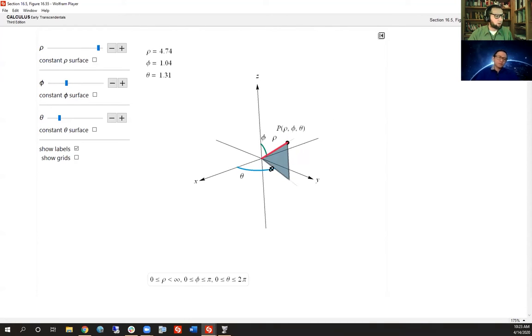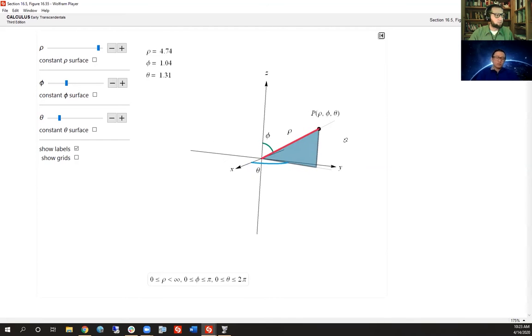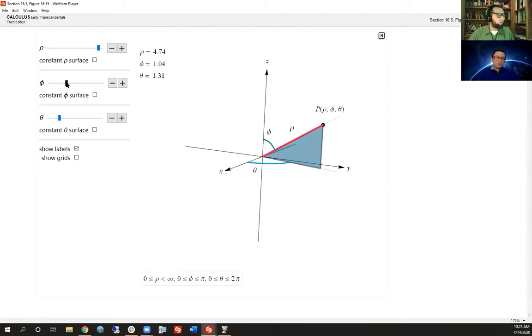Your old r is the one that's down here on the xy plane. Your new rho is actually in 3 dimensions. Your phi, just like we talked about before, starts at 0, comes down to pi over 2, and then continues on to pi. So phi starts up at the positive axis and works its way down. And theta is the same as before, sweeping out from the positive x-axis.